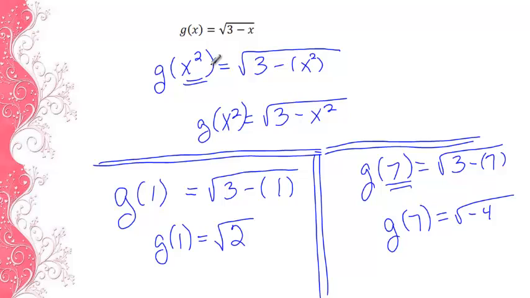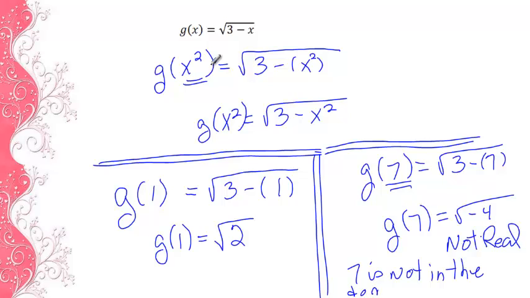Now, that's not a real answer. That's not a real number. So 7 is not in the domain of G. And we'll talk more about domains on the next lecture.